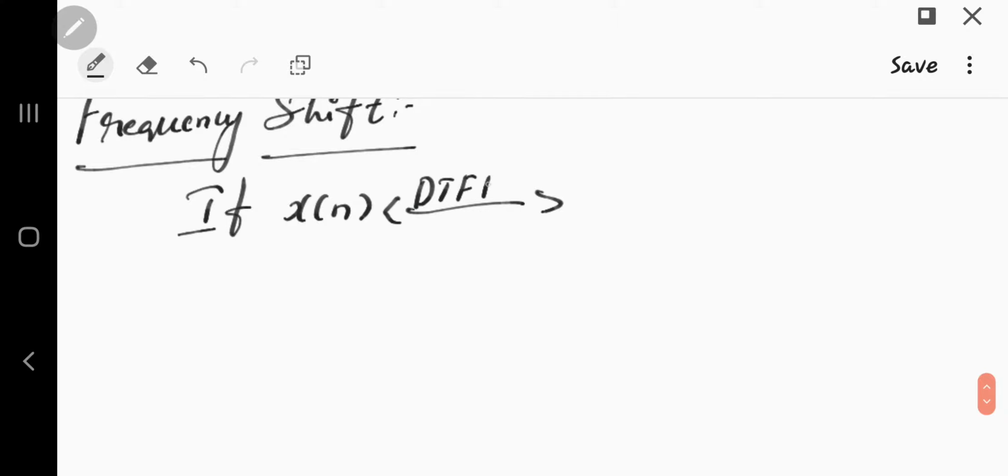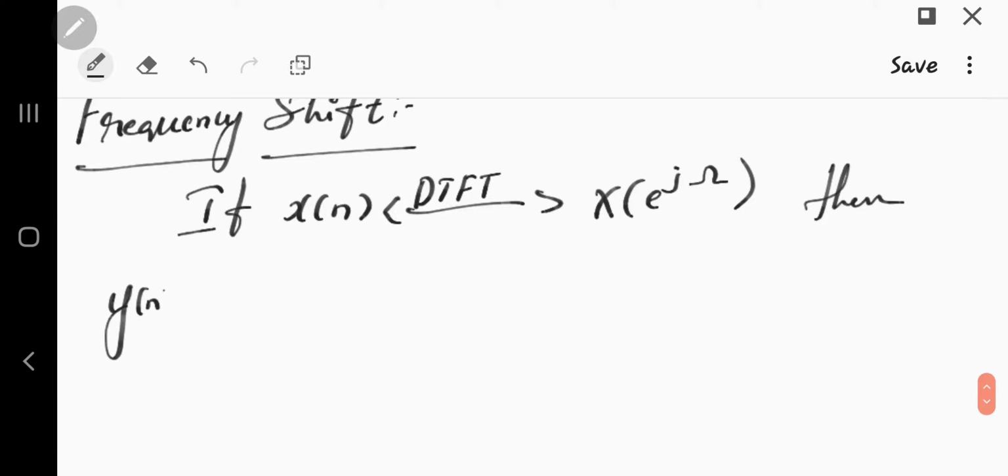Okay, so the frequency shift property. The statement of this goes like this: if x of n gives you X of e power j omega, then y of n is equal to e power j beta n, so this is beta n, into x of n.